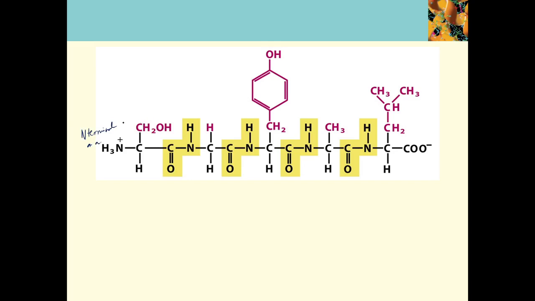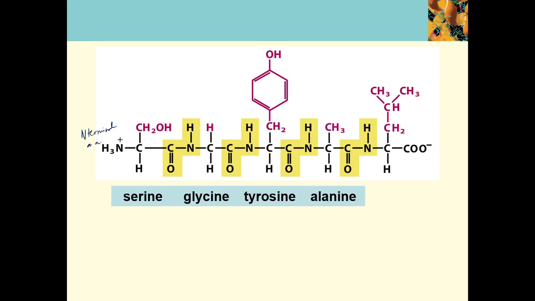We already mentioned that this is your serine, your glycine, your tyrosine, your alanine, and then your leucine. That is the proper sequence of your polypeptide. Now, we need to change the name of your amino acids into their YL, except for this one, your leucine. So your leucine here will stay the same.